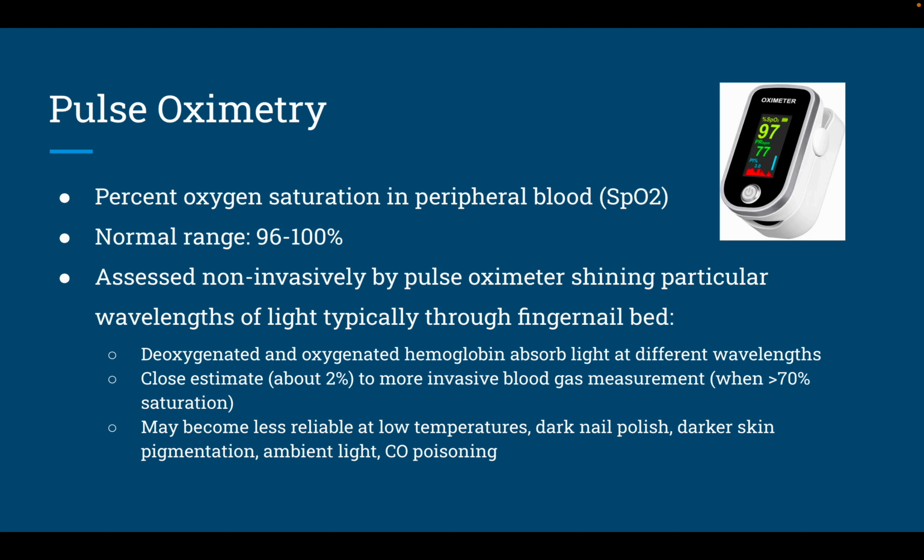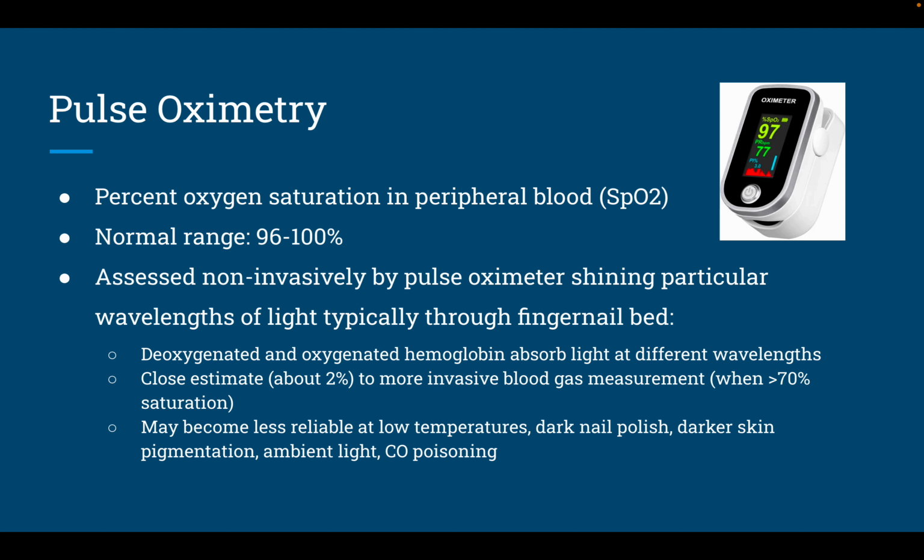But if somebody has saturations that low, you will probably also want to be thinking about expediting higher levels of medical care. And some important points here: things like low temperature, dark nail polish, or darker skin pigmentation can cause less reliable measurements.